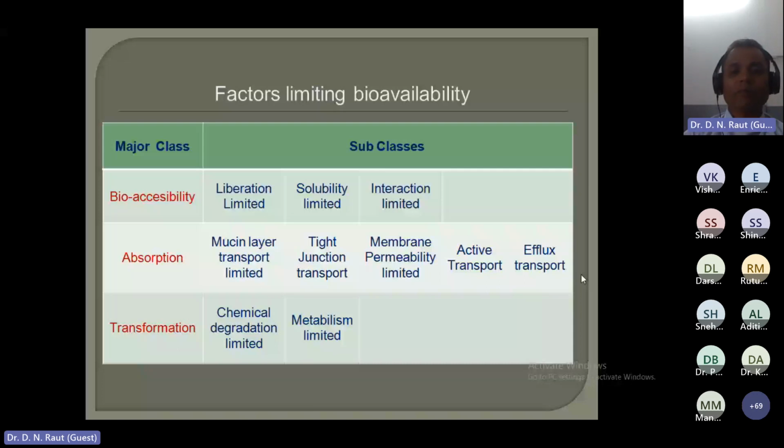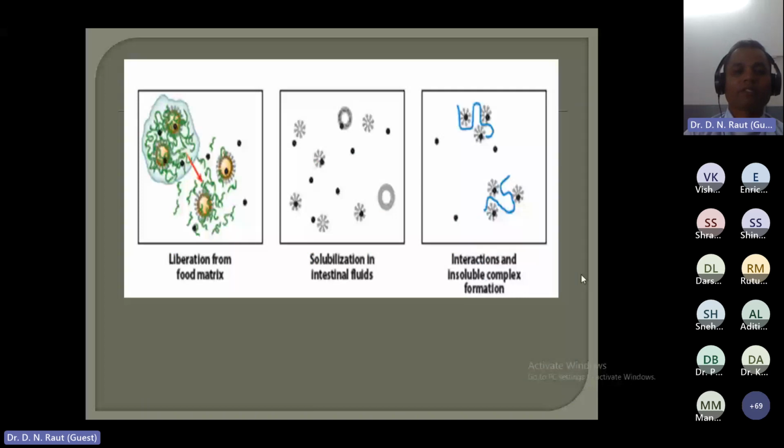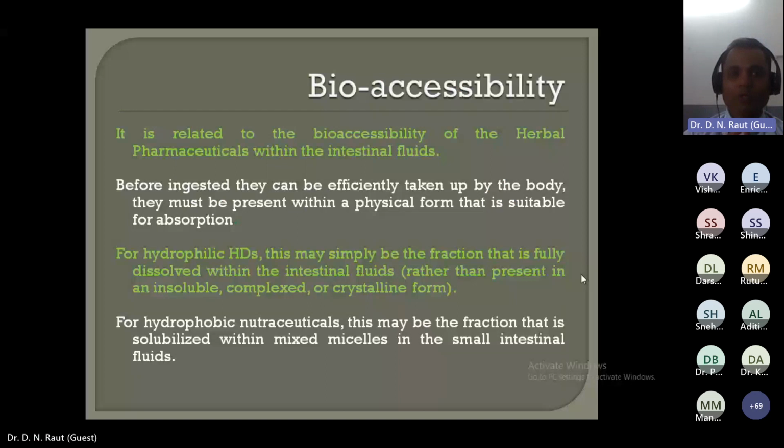That is, metabolism limitations are there. These are the pictorial descriptions of liberation from the food matrices, then solubilization in intestinal fluids, and then interaction and insoluble complex formation. So this is bioaccessibility, which is related to herbal pharmaceuticals within the intestinal fluids.